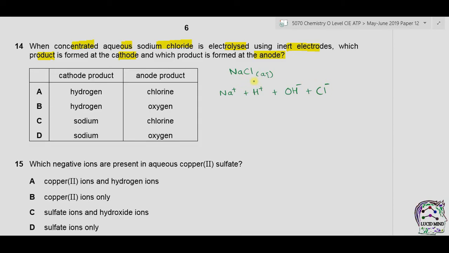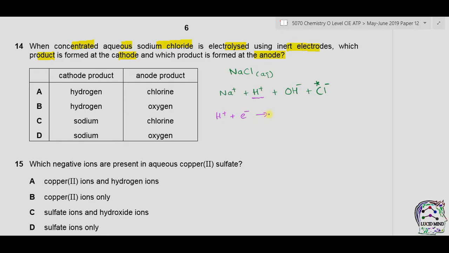As it is a concentrated solution, Cl negative ions will be greater in quantity as compared to hydroxide ions. In the discharge series of cations, we can see that H positive ions are discharged easily as compared to sodium positive ions. So among the cations, H positive will go towards the cathode.